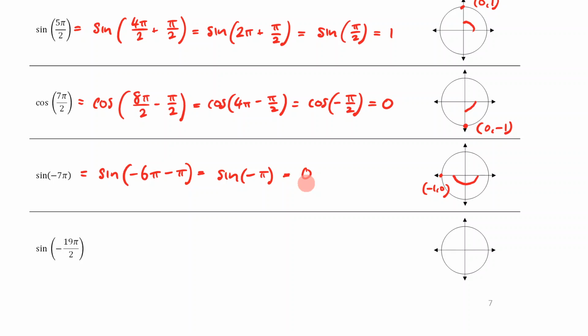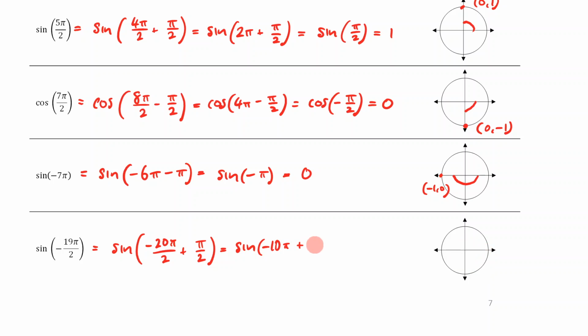And then last but not least here, again, how could we break this up? Again, it's a negative, which makes it a little bit more complicated. We could write this as negative 20 pi on 2 minus pi, plus pi on 2, rather. Because that would work, and that means I would get sine of negative 10 pi, which is just going around my circle a bunch of times until I end up where I started from.